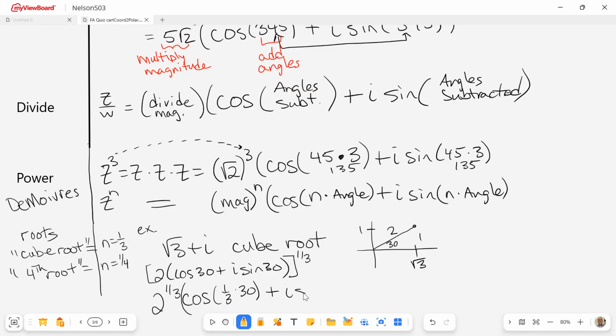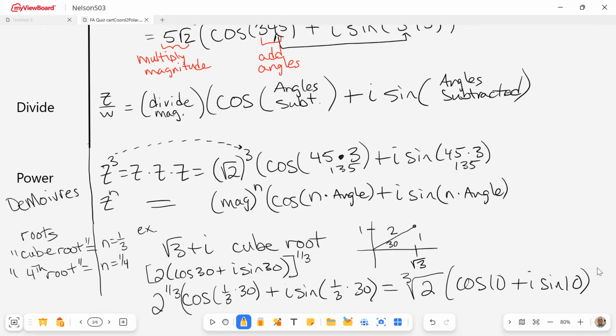Plus i sine of 1/3 times 30. What's that come out to be? You could write it like this: the cube root of 2, and then cosine 10 plus i sine 10.